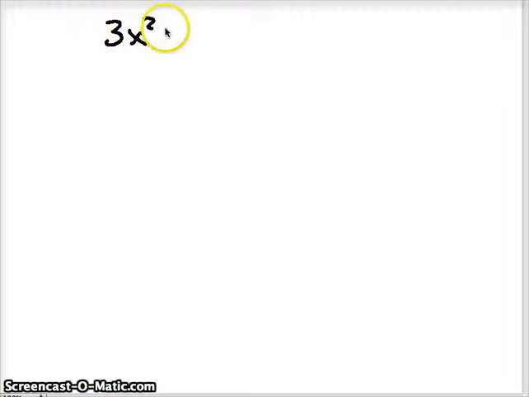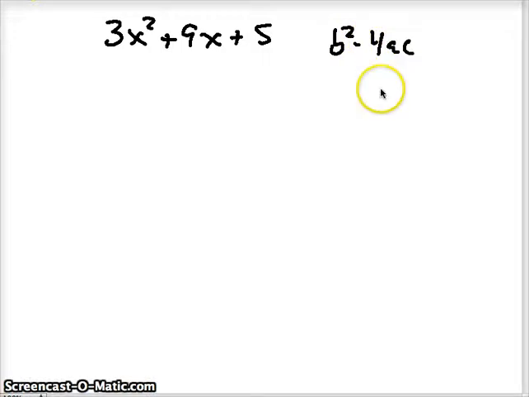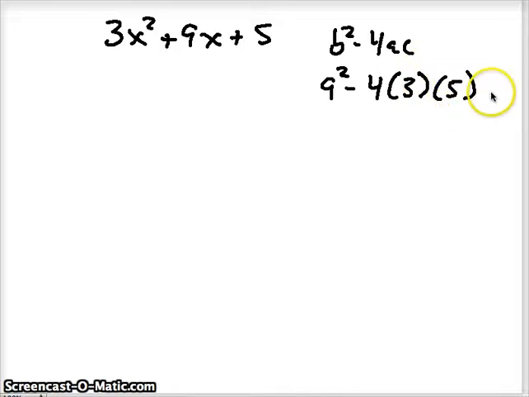3x squared plus 9x plus 5. Let's do the discriminant, find out what type of solutions and the number of solutions we're looking for here. b squared minus 4ac. It's 9 squared minus 4 times 3 times 5.